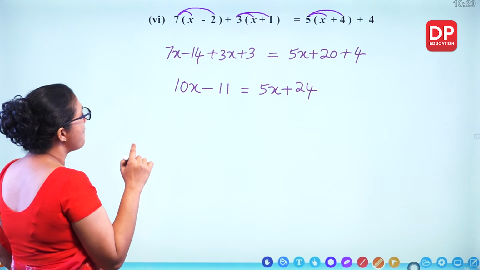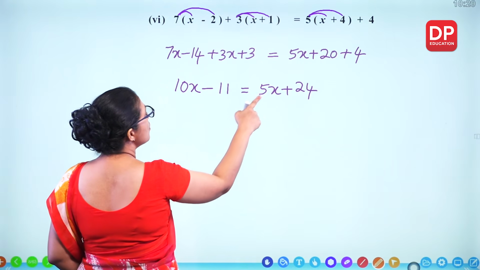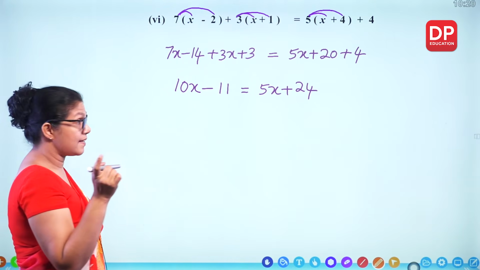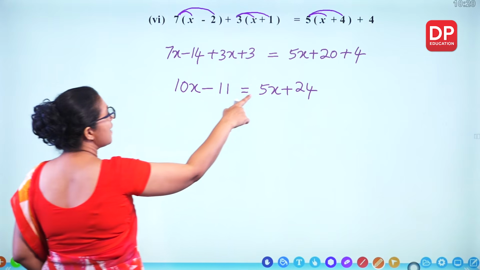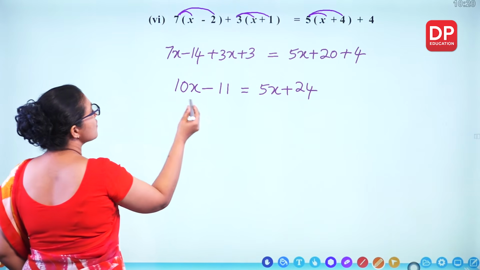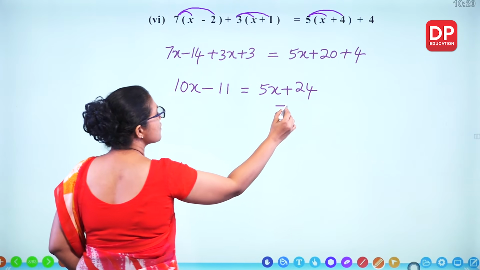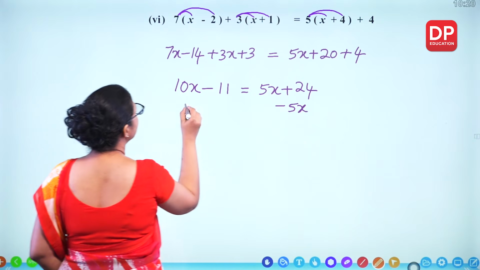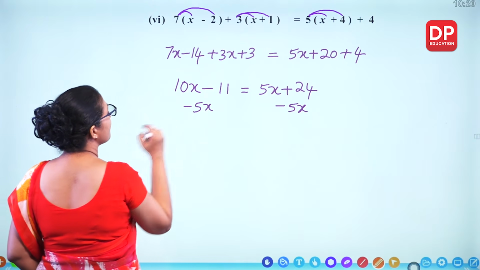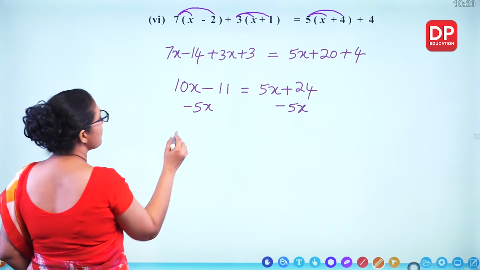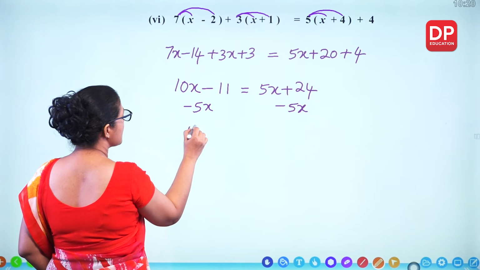Now you have to take all x terms to one side. So take 5x to this side. You need to subtract 5x from both sides. 10x minus 5x, 5x.